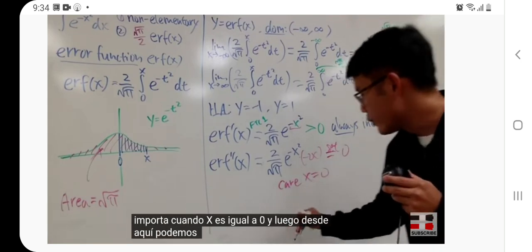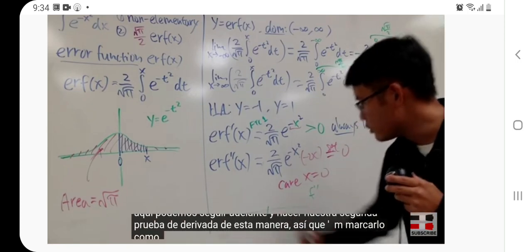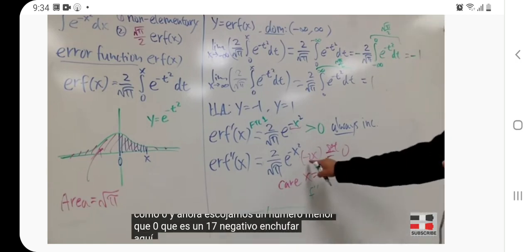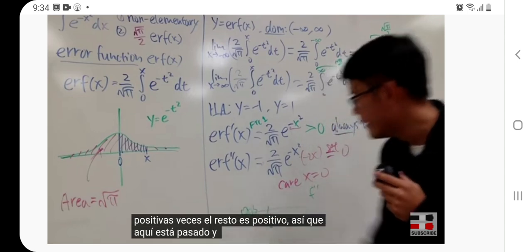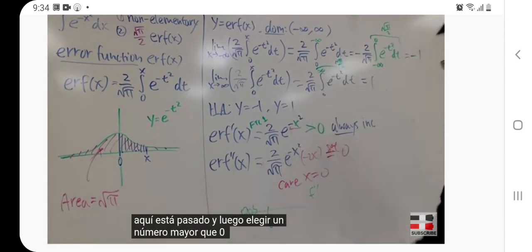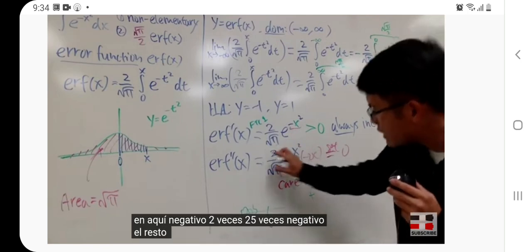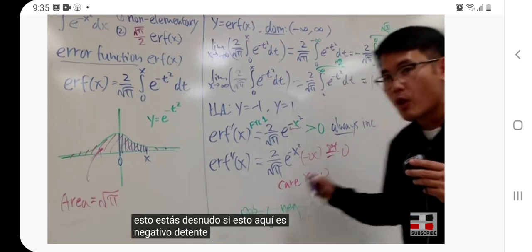And then from here, we can go ahead and do our second derivative test. So I mark it as 0, and now let's pick a number less than 0, let's say negative 17. Plug into here: negative 2 times negative 17 is positive, times the rest is positive, so right here is positive. And then pick a number bigger than 0, let's say 25. Plug into here: negative 2 times 25 is negative, times the rest positive, so altogether negative. So what does that mean?